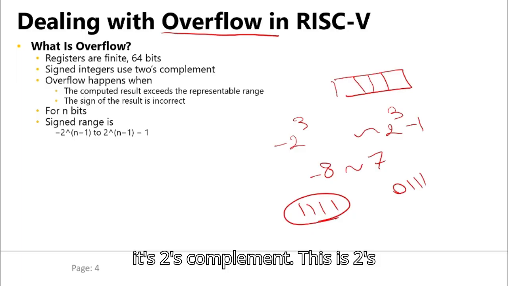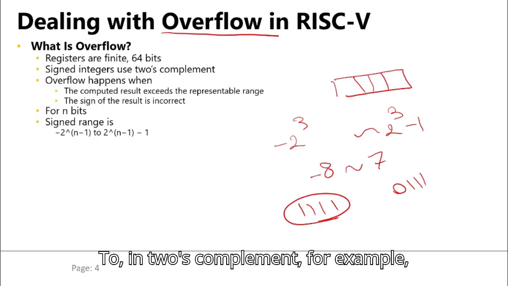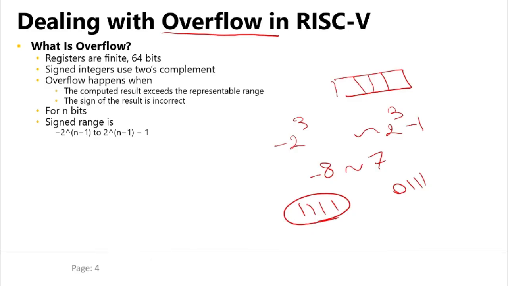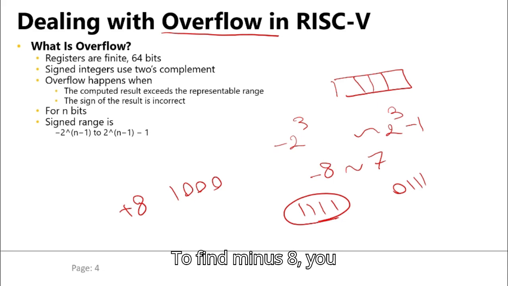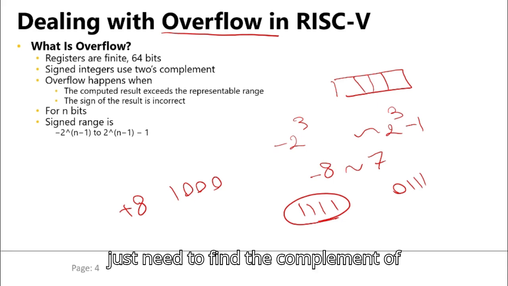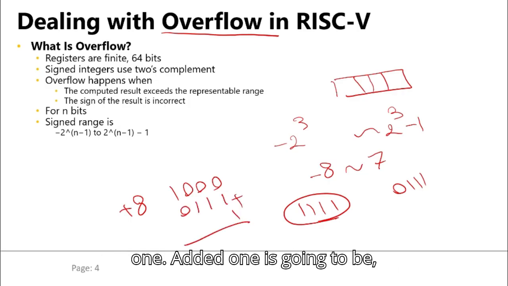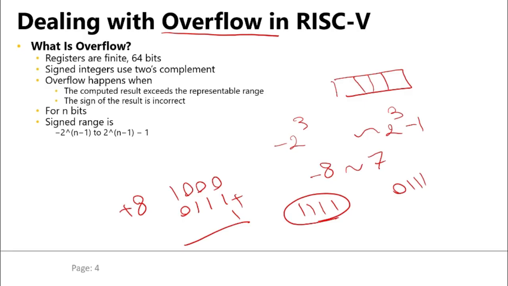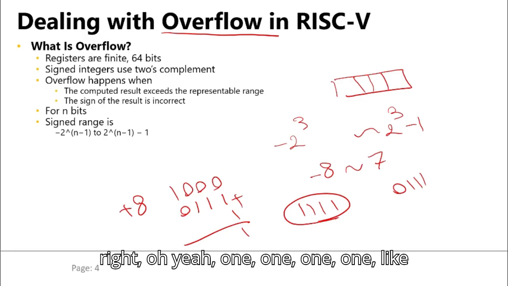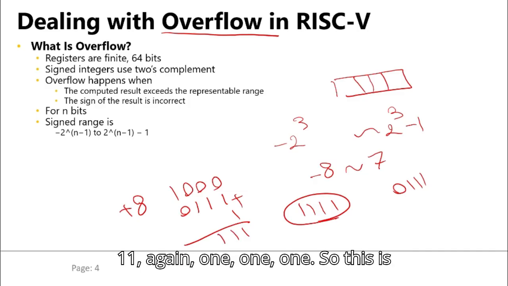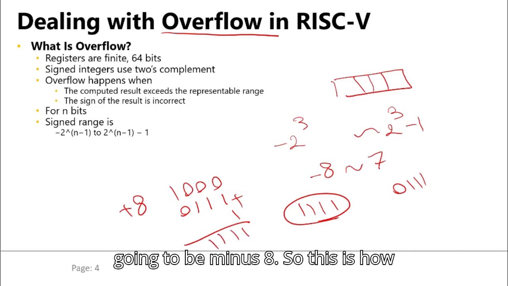Because it's 2's complement. How can we find it? In 2's complement, for example, this is plus 8. To find minus 8, you just need to find the complement of this, and plus 1. Adding 1, it is going to be 1, 0, 0, 0. So this is going to be minus 8.